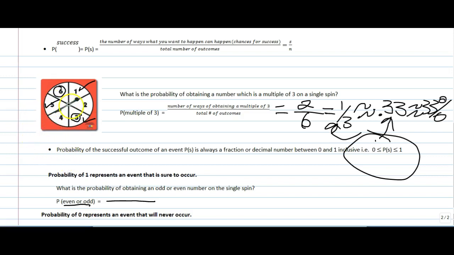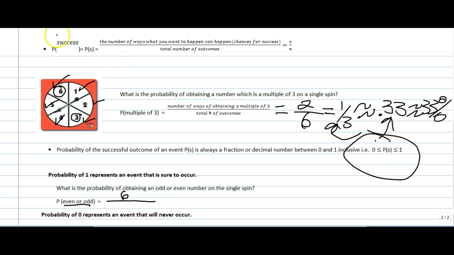Or if I obtained an even number, 2, 4, or 6, then what I want to happen has happened. So I have 6 chances for success.